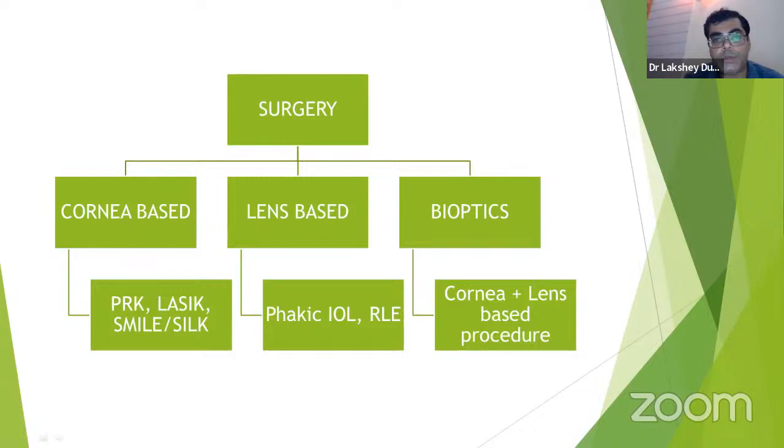Before we judge the procedure, we need to know what procedures are available. So we have cornea-based procedures, lens-based procedures, and bioptics. Cornea-based: PRK, LASIK, SMILE or SILK. Lens-based: phakic IOL or refractive lens exchange, or a combination of both, which is bioptics.